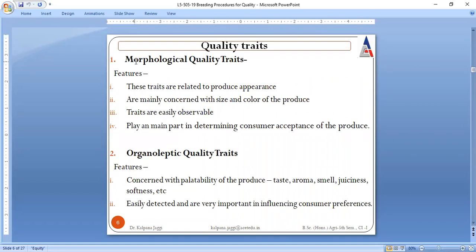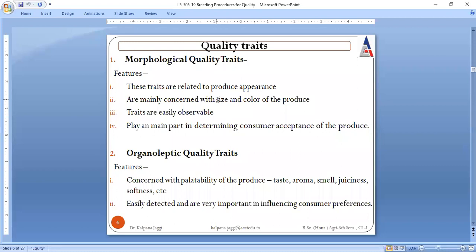So let's discuss what is meant by morphological quality trait. As the name itself is indicating, morphological means which are visible. That means we are talking here all about the morphology. So these traits are related to produce appearance. When we talk about appearance, what all do we discuss?